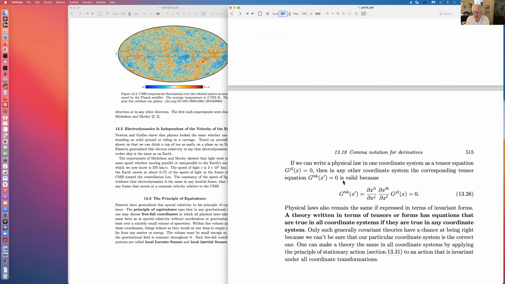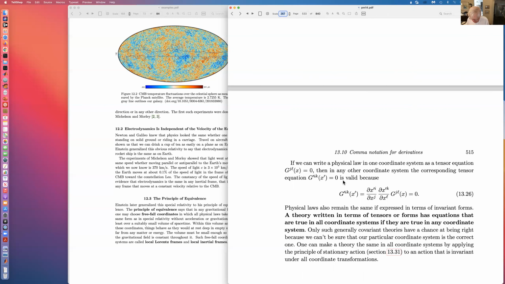And that reminds me of something that happened when I was a first or second year graduate student, actually. Sidney Coleman was lecturing, and he had just derived something, and then he turned around and faced the class and said, and so it all follows from the fact that such and such is represented by an equation, something equals 0.